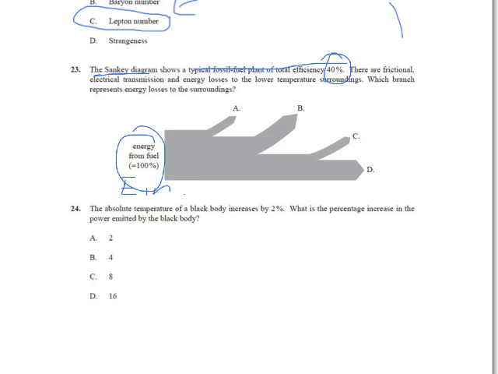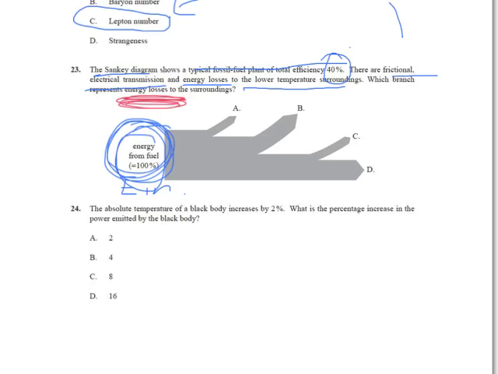Now, efficiency of 40% means that 60% of all of this energy that comes in is going to be lost through frictional, electrical transmission and energy losses to the lower temperature surroundings. So the question: which branch represents these energy losses to the surroundings?